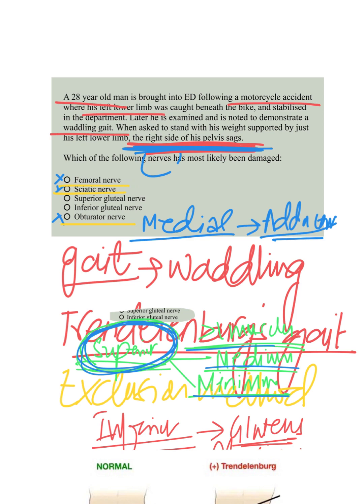So if the abductors of one side are not functioning, they are not able to pull the pelvis away once we pick up the foot from the opposite side. So the pelvis falls to that side. It is easier said than understood, so it is better to read the text in detail, and then we can figure out how we reach the conclusion of the superior gluteal nerve.